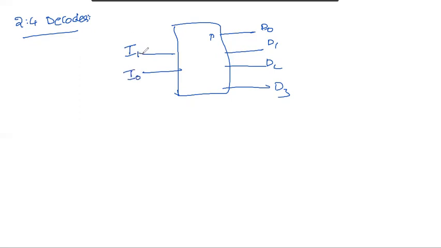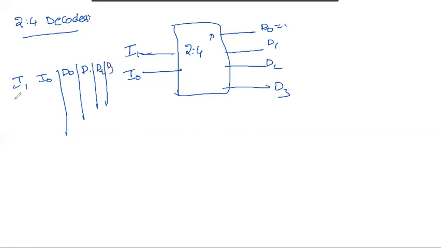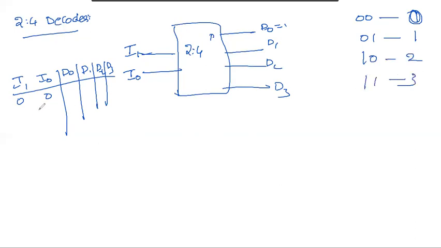So if binary values I1, I0 are 0, 0, D0 is equal to 1, right? Because 0, 0 decimal value is 0. 0, 1 decimal value is 1. 1, 0 decimal value is 2. 1, 1 means 3. So 0, 0 means D0 will be 1.